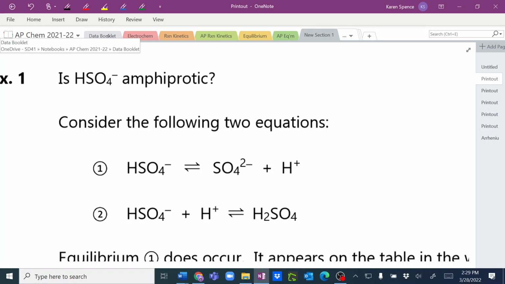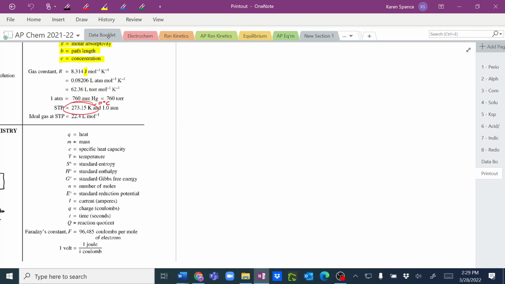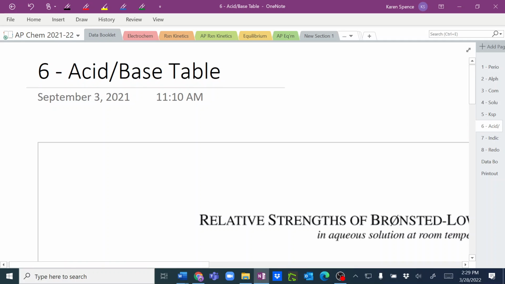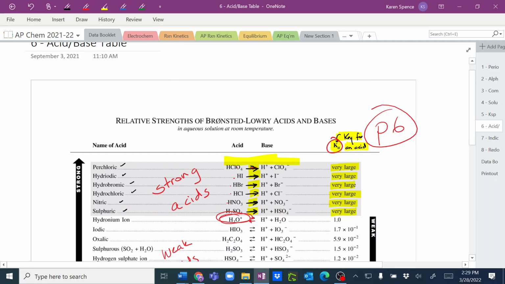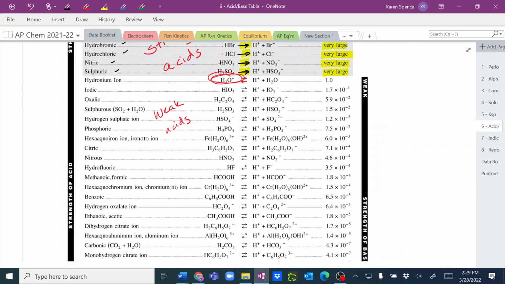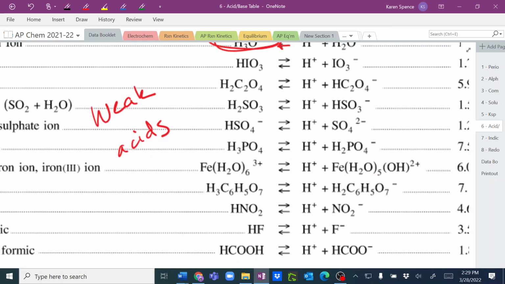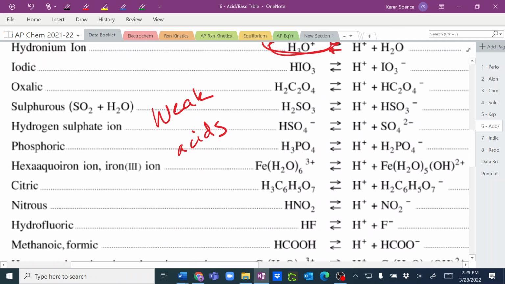Well, let's go to our data booklet once again. There we go. And if we go to HSO4, can HSO4 act as an acid?